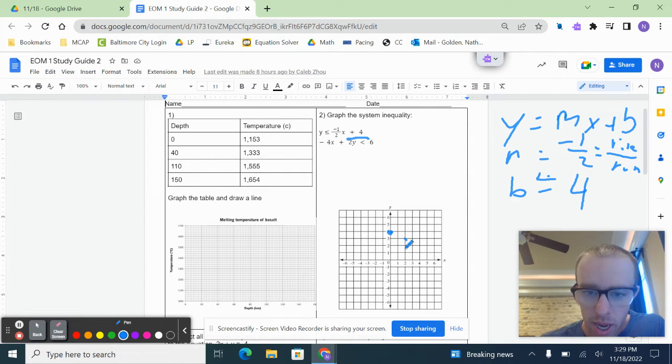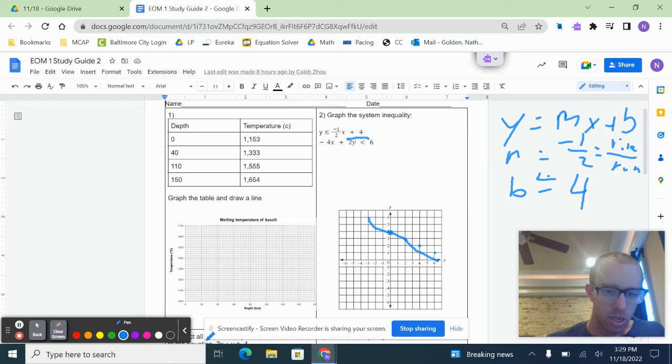Down 1, over 2, put a point. Down 1, over 2. And now, this is a less than or equal to sign. Since it has the equal to sign, I know I need a solid line.